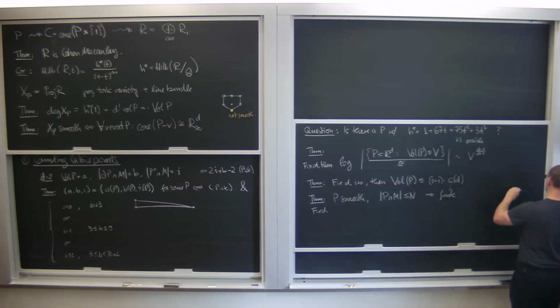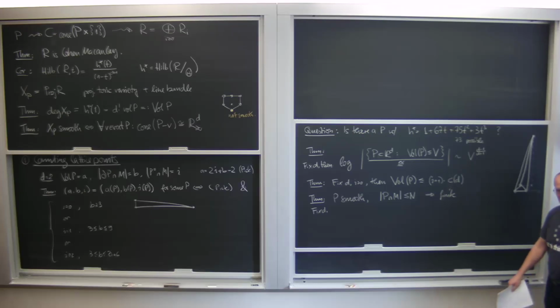Okay, so here's another important example. Take the unit square in R^3. Then you take this point, this point, this point, and then you take the point (1,1) and you lift it to really high height. It's a beautiful tetrahedron.